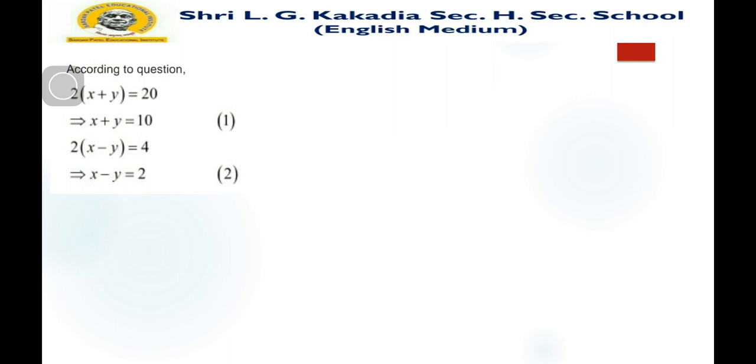Now according to the question, in downstream Ritu completes the distance by rowing in 2 hours and 20 kilometers.